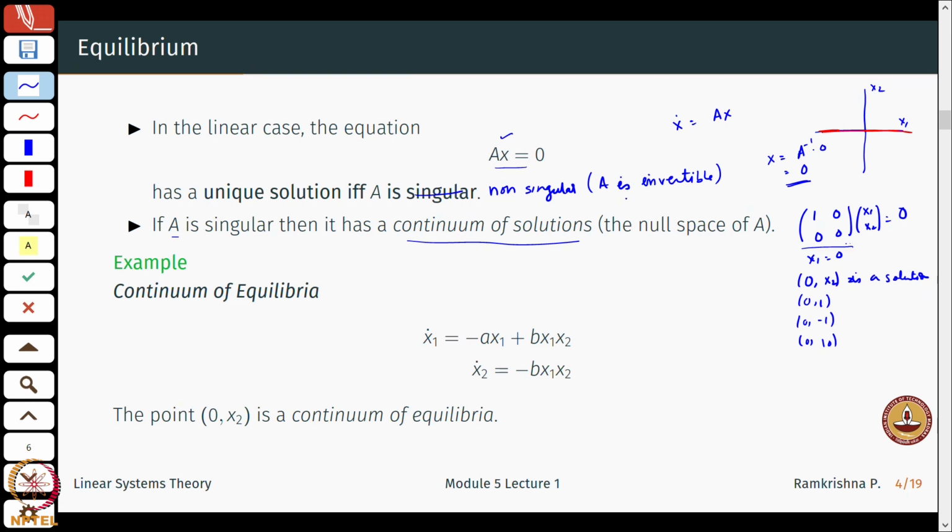Well, this phenomenon can also occur in the nonlinear case. So, if I have a system which looks like this, x1 dot is minus a x1 plus b x1 x2, x2 dot is so on. I just look at the solutions of f of x equal to 0. The second equation will give me minus b x1 x2 is 0. The first equation is minus a x1 plus b x1 x2 is 0.